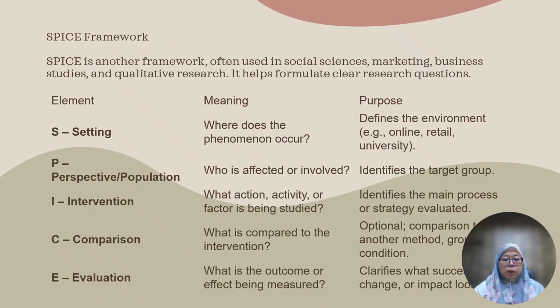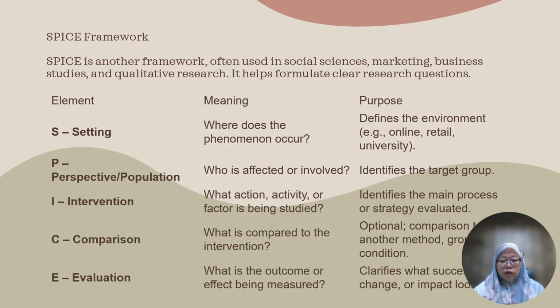Okay, while the SPICE framework is another option that you have, it's often used in social sciences, in marketing, in business studies, and qualitative research, where it helps the researcher to formulate a very clear research question. So you can see an example here. The S stands for the setting.